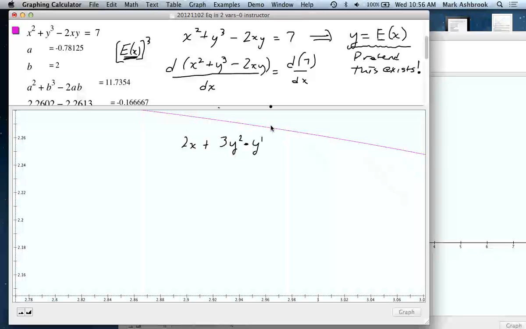Okay? What about minus 2xy? Negative 2 times, and now we have 2x times an equation of x.